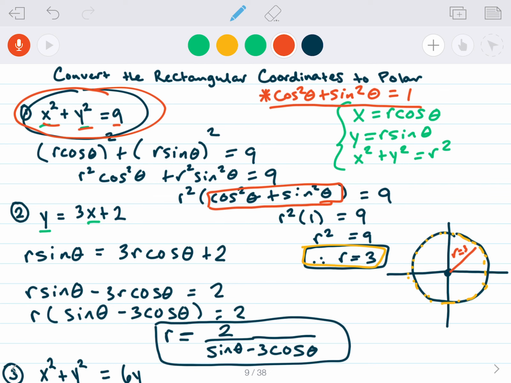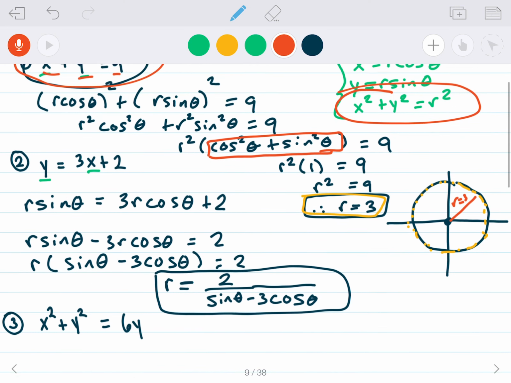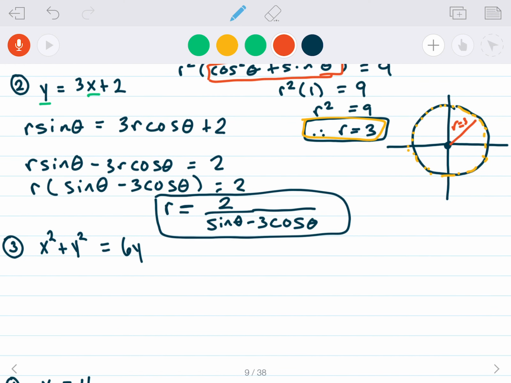You can use these and you're going to get the same answer using the Pythagorean identity, but why not just skip a step and say, well, x squared plus y squared equals r squared. Let's go ahead and plug that in from the jump. I should have done that for number 1, but maybe this was useful to see it like this. Anyway, x squared plus y squared is r squared. Let's go ahead and sub that in. And the only thing we can sub in for y is r sine theta. So this is going to be 6 times r sine theta.